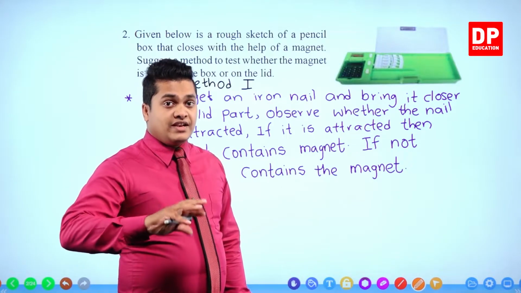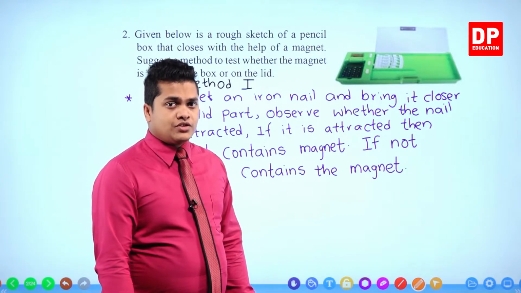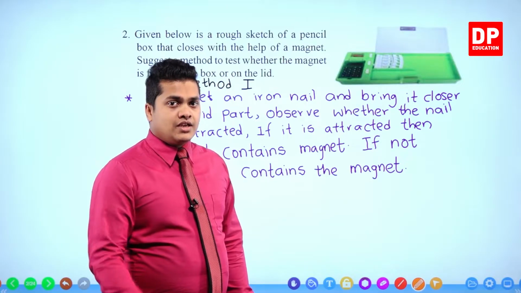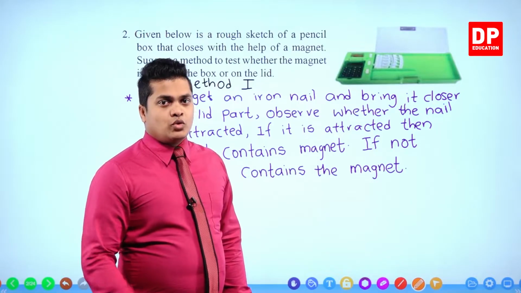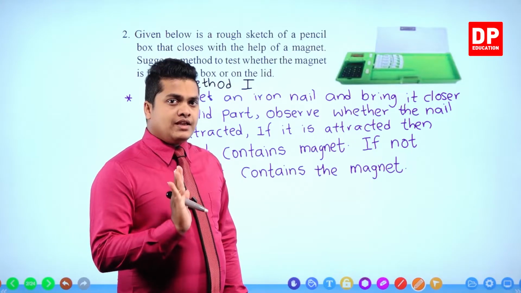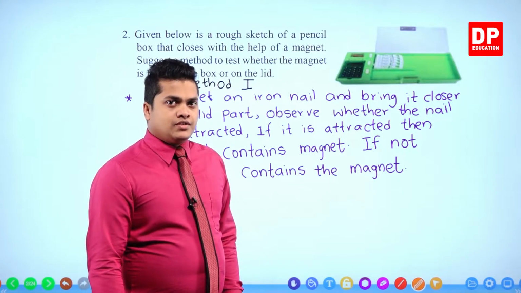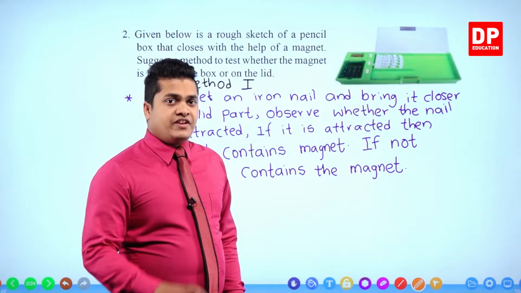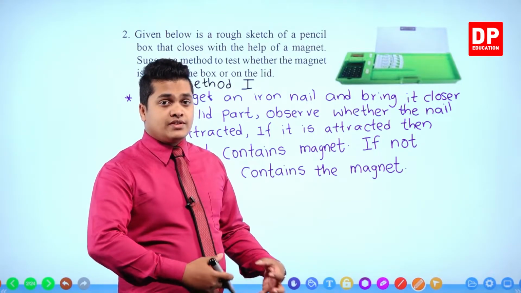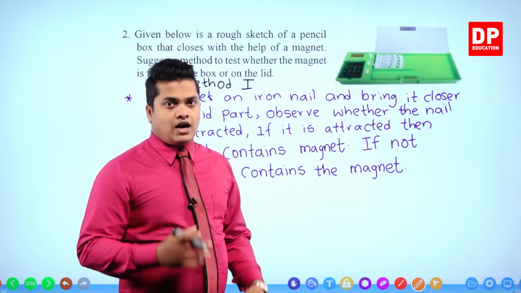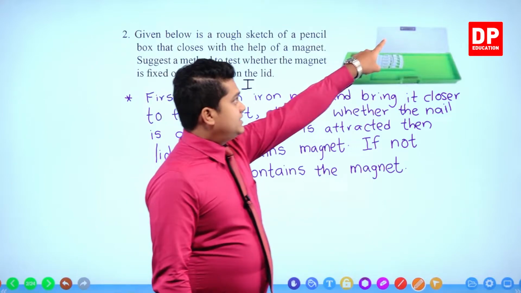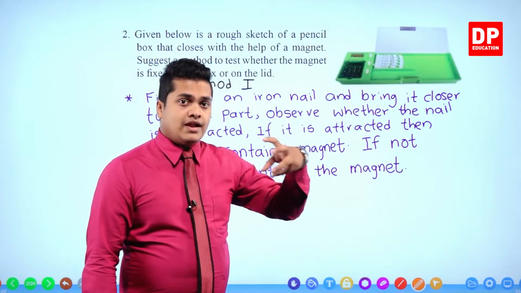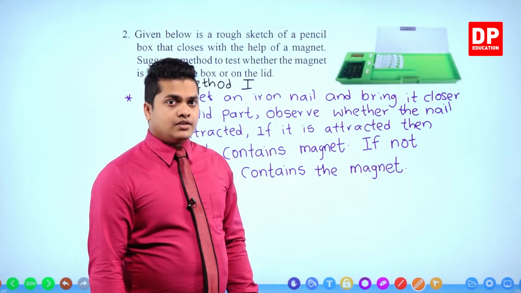It's because when terminals are interchanged, we are bringing like poles together, and like poles should definitely repel each other. If it is not repelling, if it is once again attracting, then we can say this is just the metallic part, the magnetic material part.